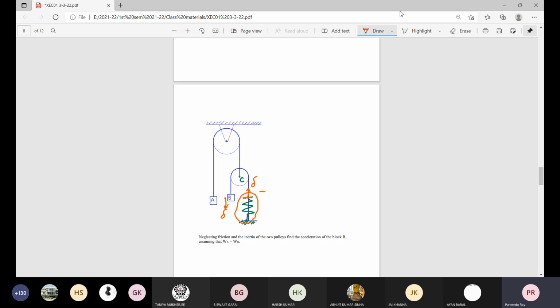So ultimately, from this location, there is some increase in the length of the spring. Now, as you know, if you stretch a spring, there will be some force developed.